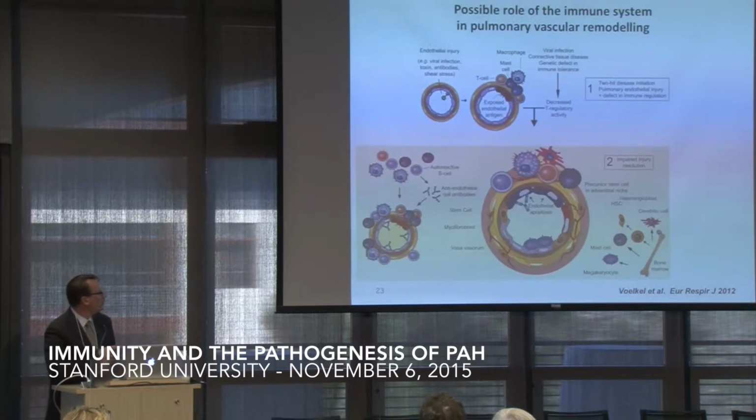And the paper by Norbert and Marc in the ERJ shows a multiple step series, or chain reaction, that may explain why an initial endothelial cell injury could induce, in the context of immune dysregulation, an impaired injury resolution and remodeling.